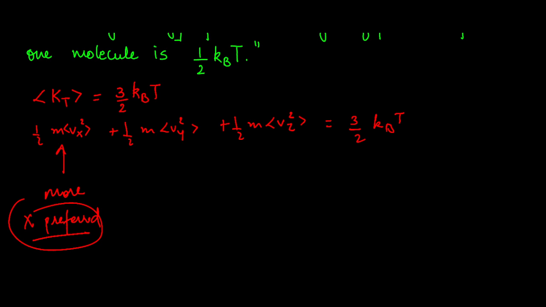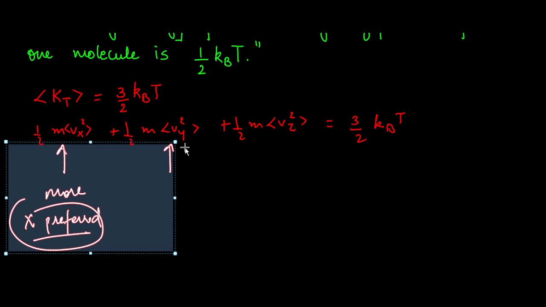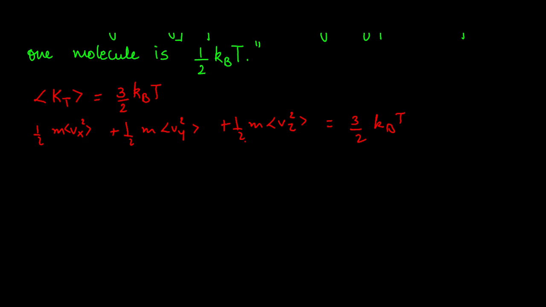Then you don't call it random. Understood or not? Just like that, if this was more, we would say y is the preferred direction, it's not random. So random is called random only when there is no preference at all. Okay, so that's why all the three are equal.